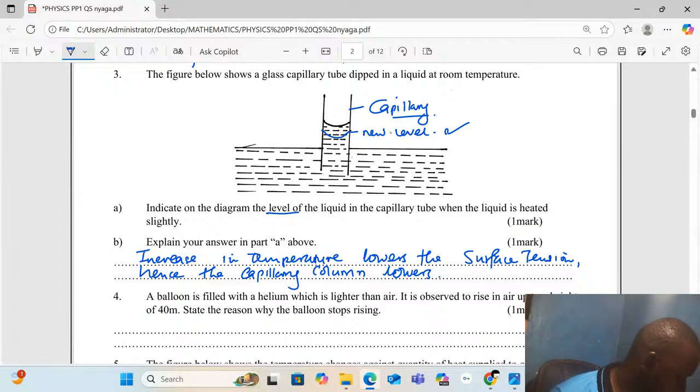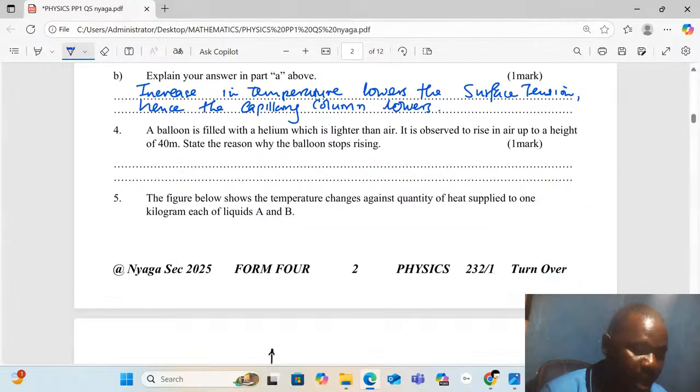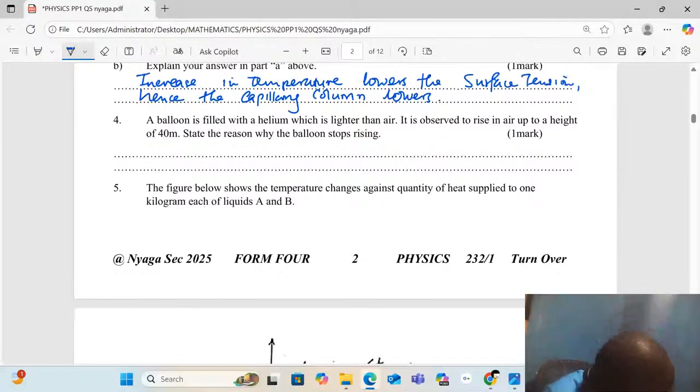You're told that a balloon filled with helium, which is lighter than air, is observed to rise in air up to a height of 40 meters. State the reason why the balloon stops rising. In this case, we need to balance the forces that are acting on this balloon.